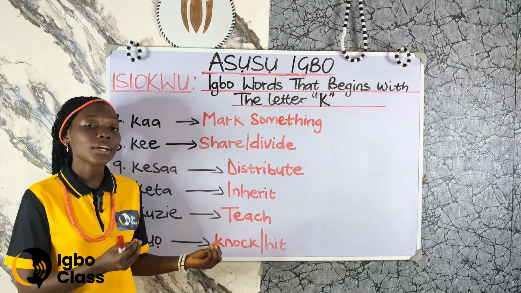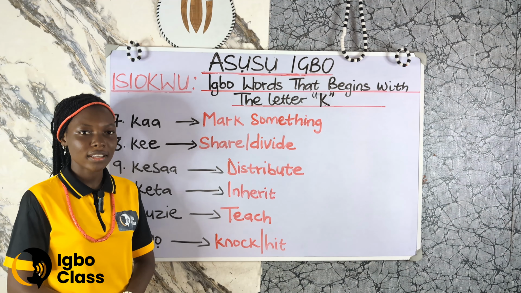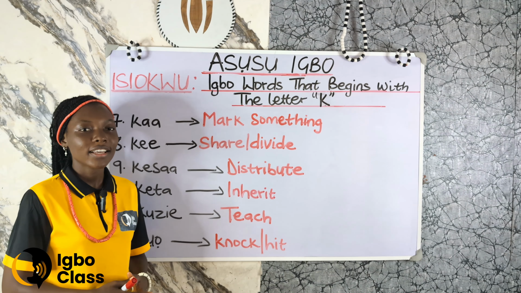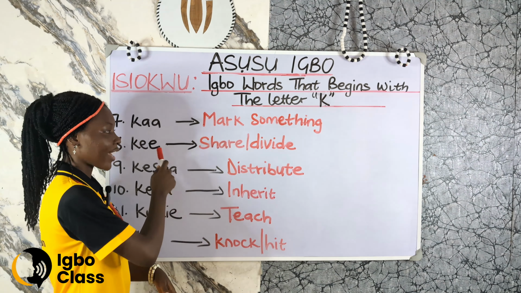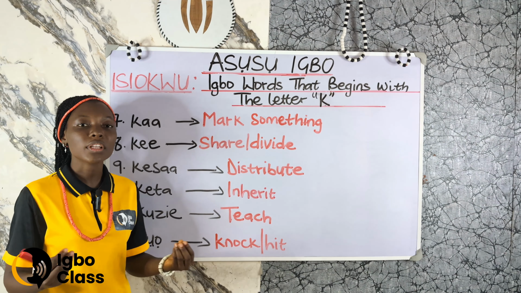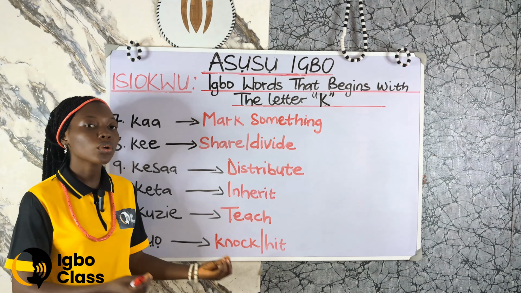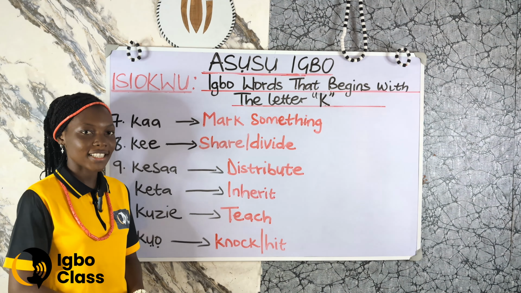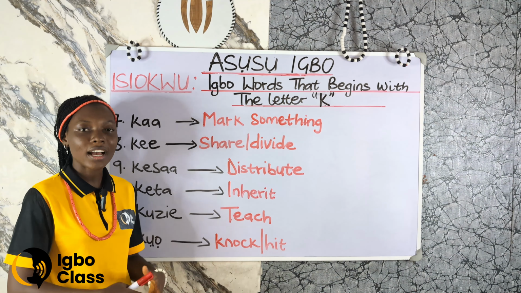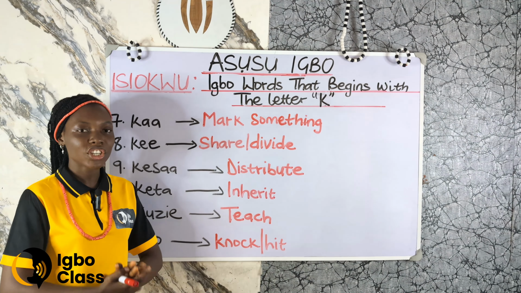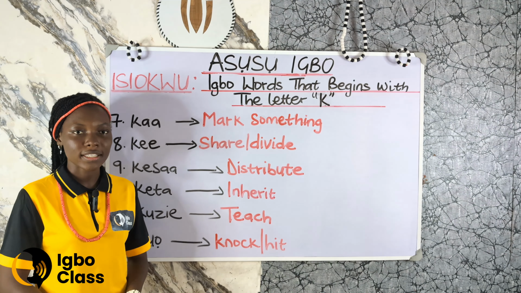We are no longer looking at 2, 3, 4 persons. Kesa is the bigger version of ke. Ke has to do with a few people, 1, 2, 3, 4 persons, while kesa, we are looking at a very large number of persons.